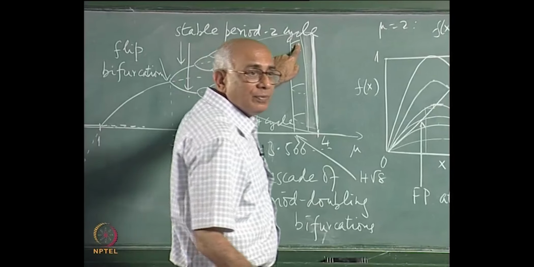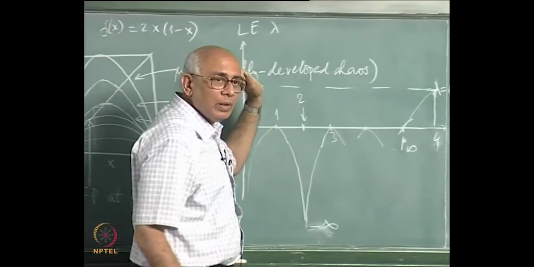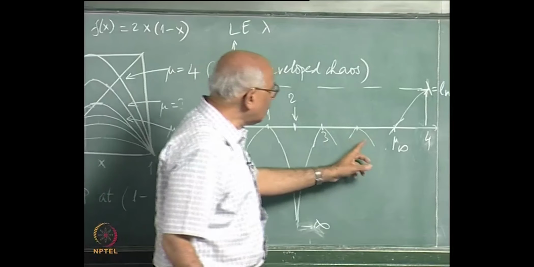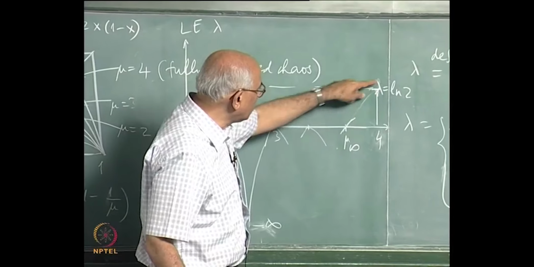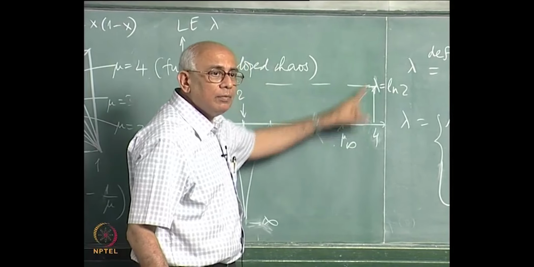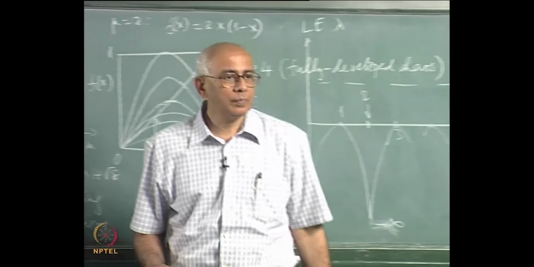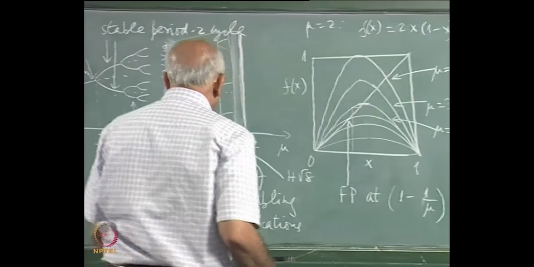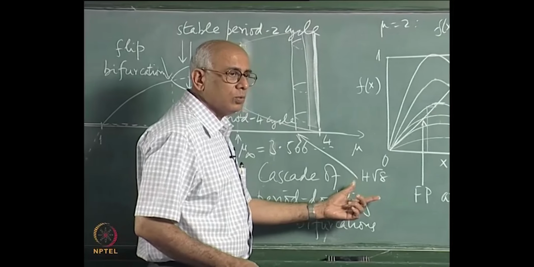It would become negative in general. If there is a stable periodic window it would simply become negative. So it is not as if this stays and goes up monotonically to log 2, there are still complications here, it still goes up and down and eventually hits the value log 2.